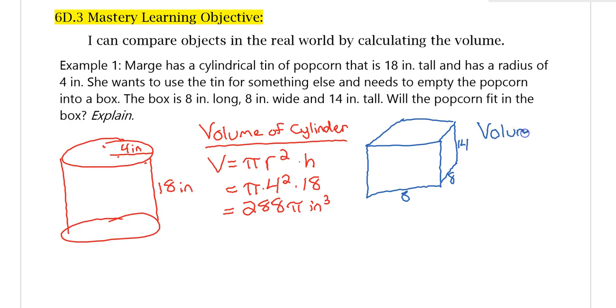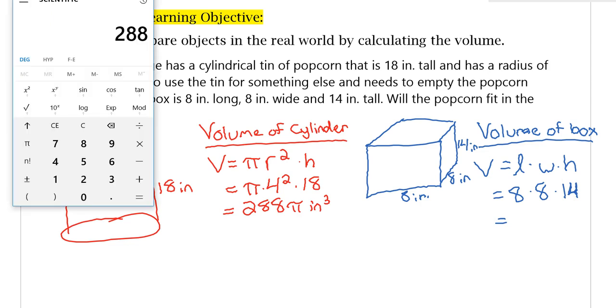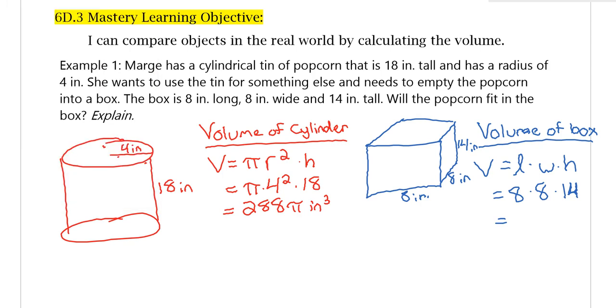So my volume of the box, again, volume for a box is length times width times height. So I have 8 times 8 times 14. These should all be in inches. And then 8 times 8 times 14 is 896.